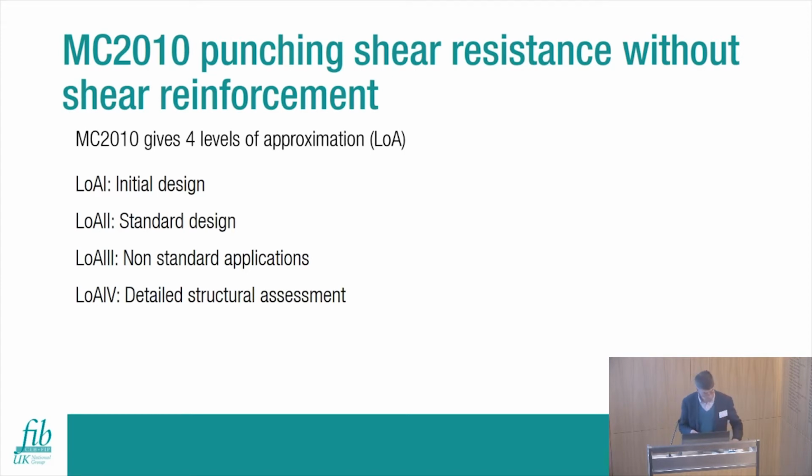In Model Code 2010, there are 4 levels of approximation. So there's level of approximation 1, which is intended for initial design. Levels 2 and 3 are intended for design, whereas level 4 is intended for detailed structural assessment.